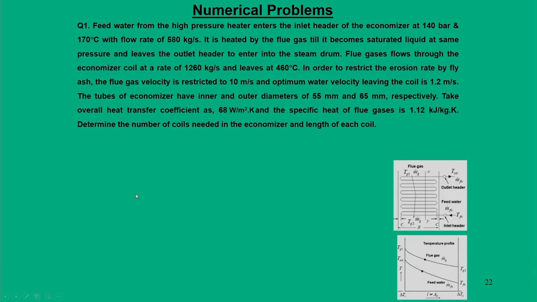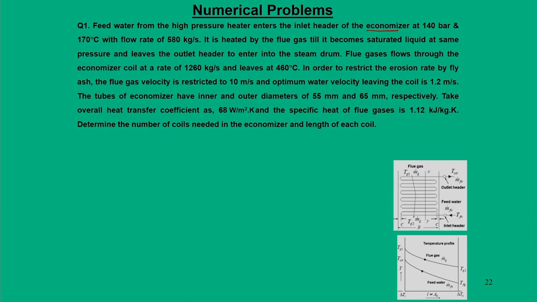Okay. So, this is all about the important primary units of heat exchangers and auxiliary units that involve fans and stacks. We will try to solve some numerical problems based on our discussion in this lecture. The first problem deals with an economizer, and the typical circuit diagram I have explained; it is a counter flow heat exchanger.